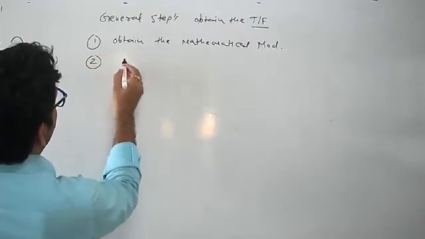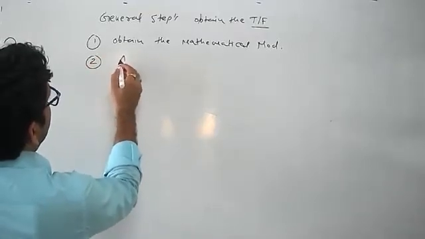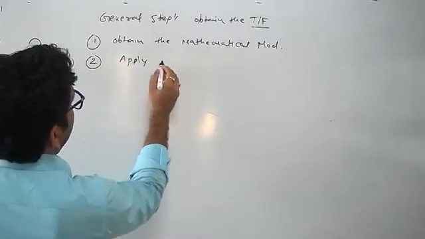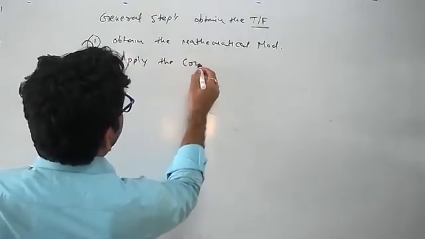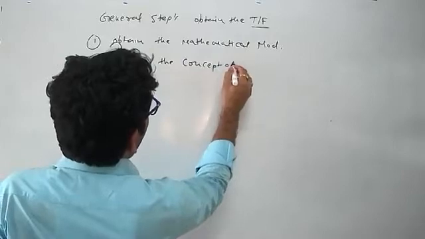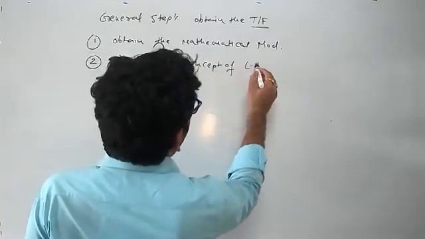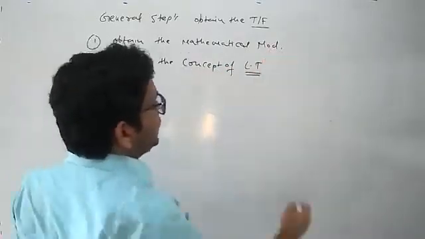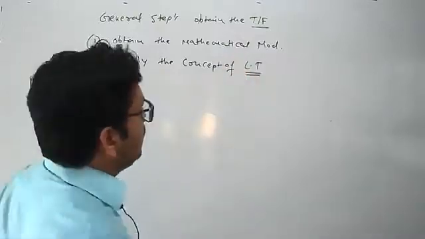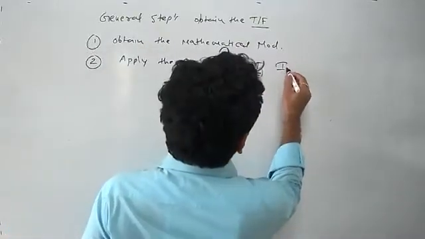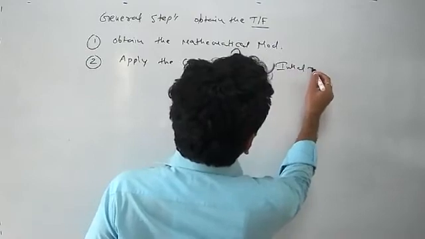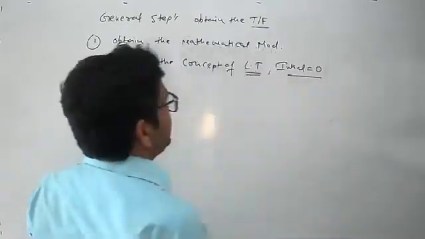Then in step number two, we need to apply the concept of Laplace transform to the equations which we got from step number one, by assuming all initial conditions to be zero.